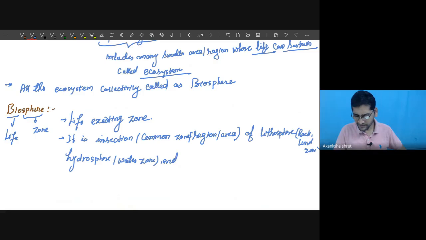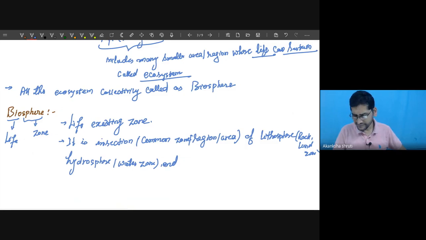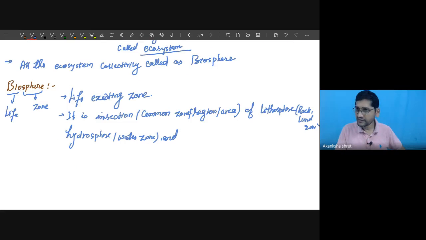And what is the other one? The other one is air. The air containing zone or air envelope around the earth is called as atmosphere. So this is the gaseous or air zone.